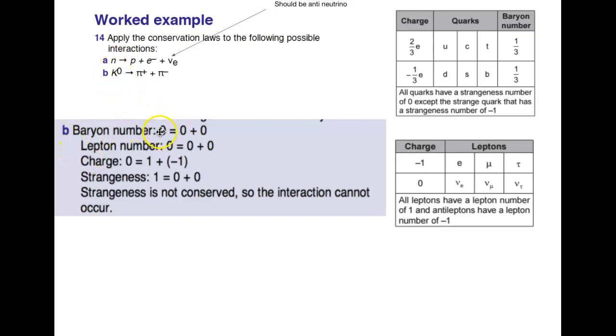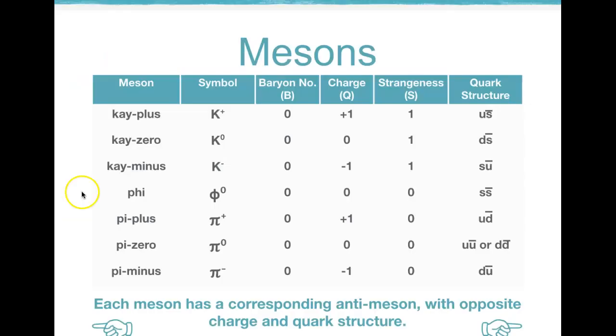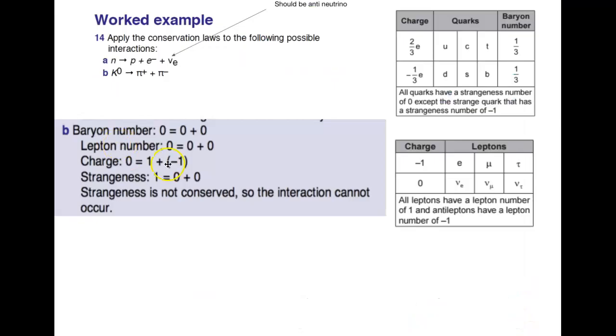The baryon number is 0 because this is a meson. Now, what are these particles? They look like pions. If you have a look here, pi plus and pi minus, these are indeed mesons, and they have, again, a baryon number of 0. So that works out. Leptons: there are no leptons here at all, so the lepton number will be 0 on both sides.